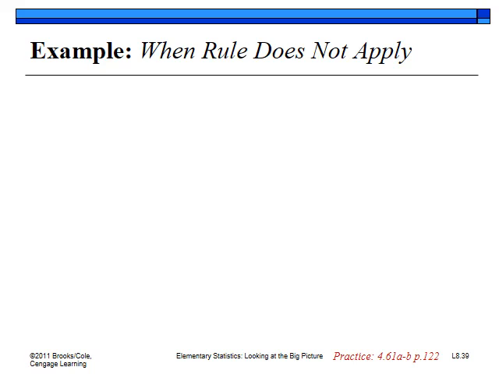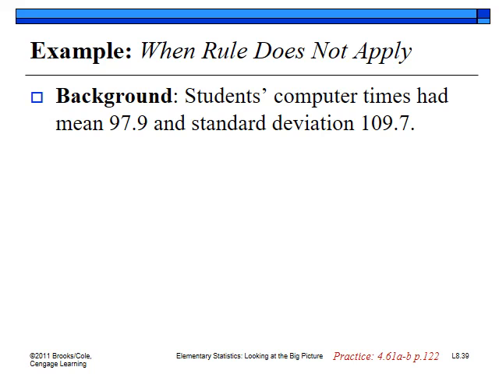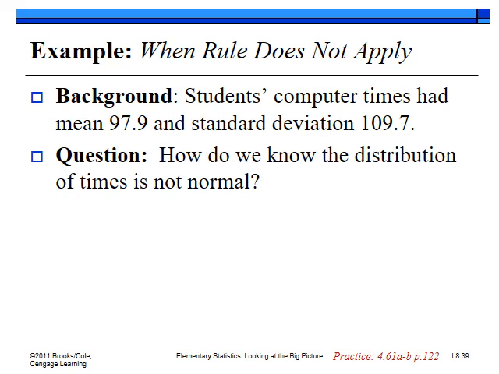Here's another example. In the student survey data, students' computer times have a mean of 97.9 and a standard deviation of 109.7. How do we know just from this information that the distribution is not normal?